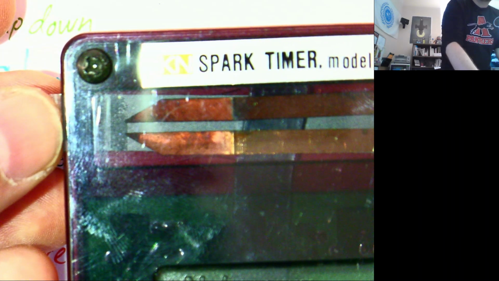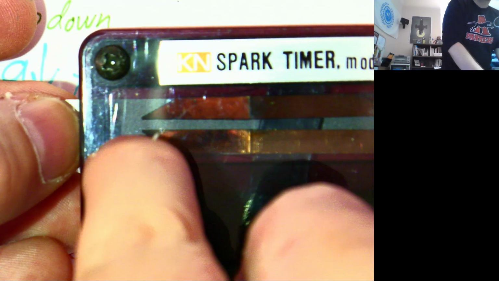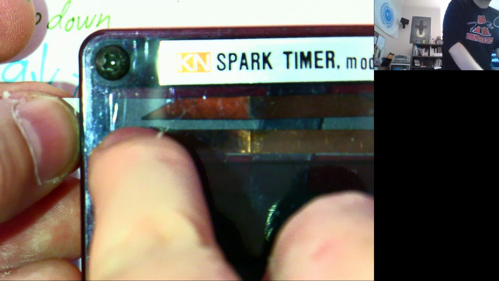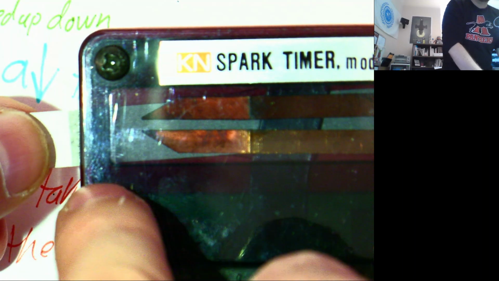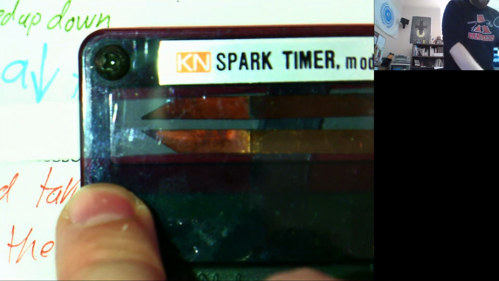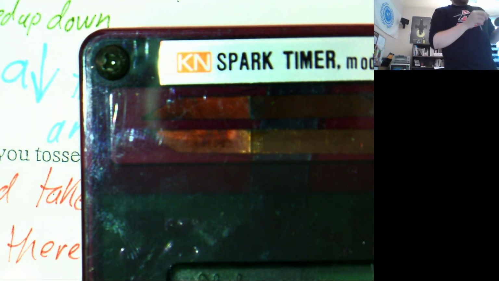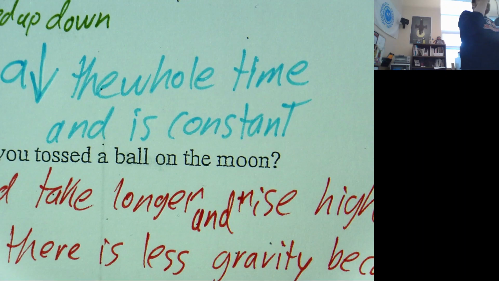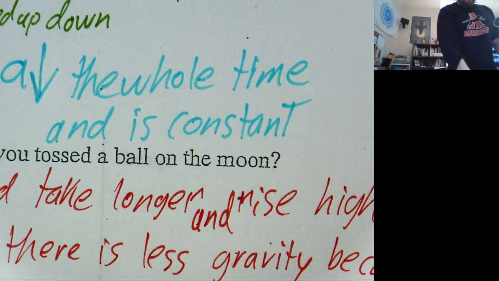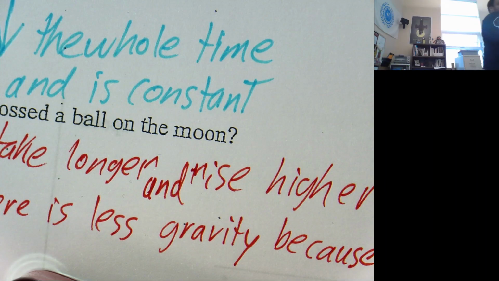The paper is going to allow electricity to flow between these two copper ends, and this thing is going to make burn marks on the paper. You're going to create an object today in the next 10 minutes that's going to pull the spark tape through the spark timer from a height greater than 2 meters. I've got some objects here.